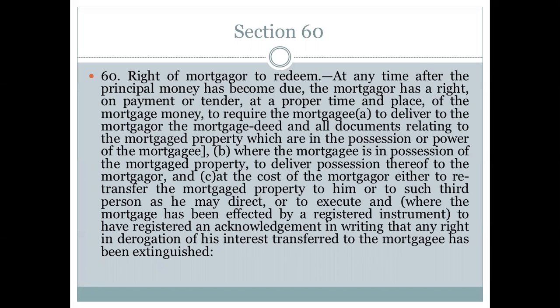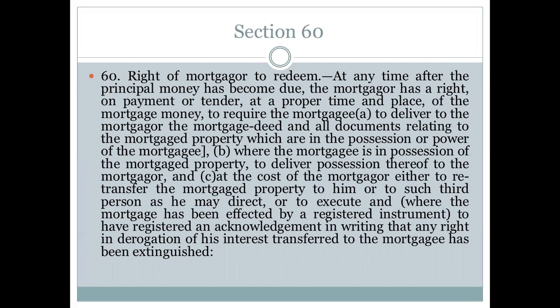So when the money is paid to him, the mortgagor pays back the money along with the interest, cost and the principal sum. It is the liability of the mortgagee to return back the property as well as the property papers, or the mortgagor may direct to give the property to somebody else.